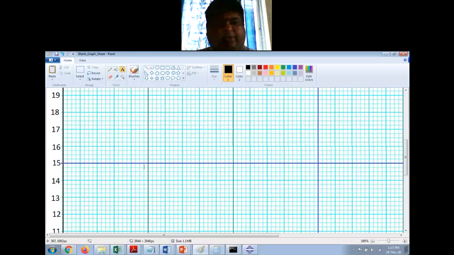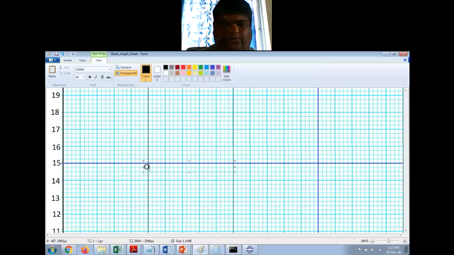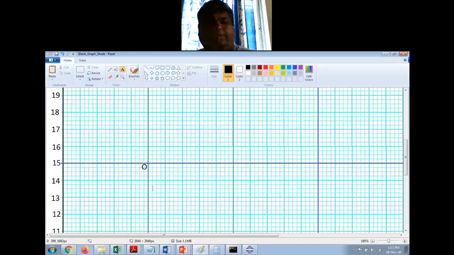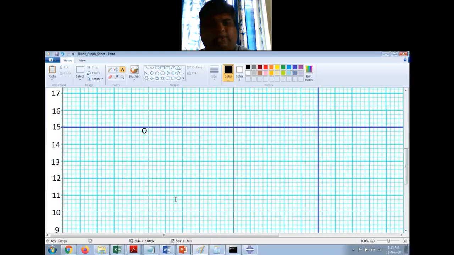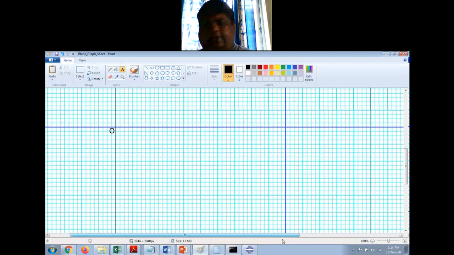I'll call this point O. Now from O, you have to measure 13 centimeters. So I just made these grids. This is 5 centimeters plus 5 centimeters, 10, and 3 from here. So this is my 13 centimeters.